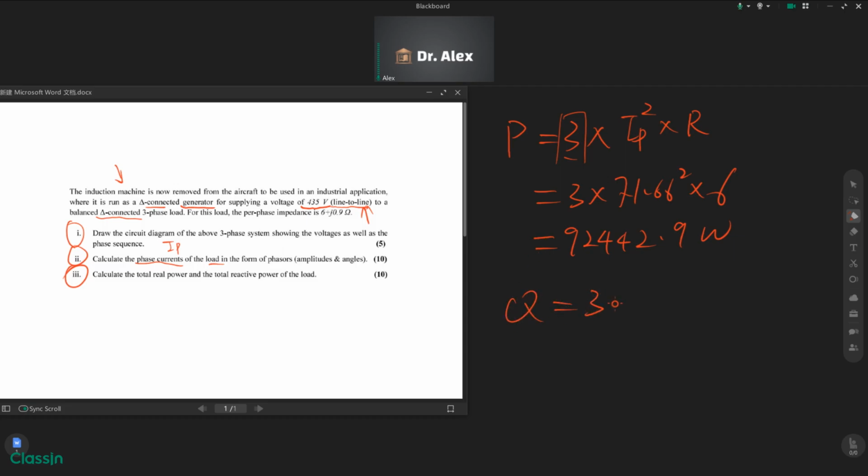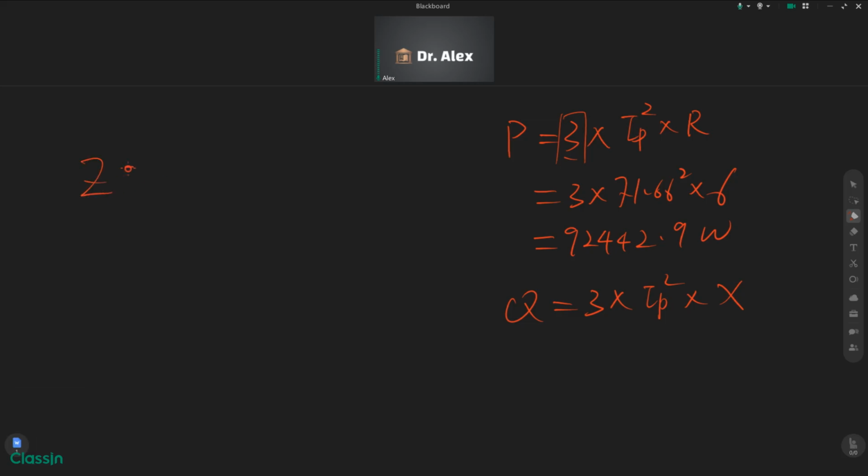Similarly, Q equals 3 times IP squared times X. In this system, Z equals 6 plus 0.9j. This is a positive number because X includes two types.